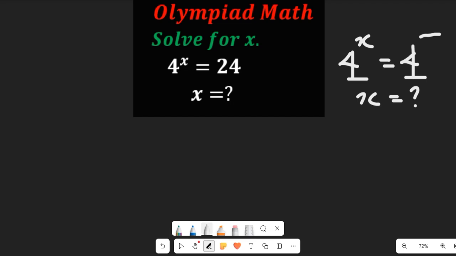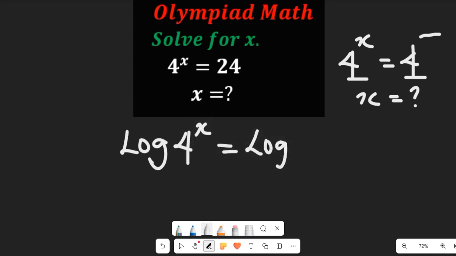The right way to solve this is either to use the laws of natural logarithm or the laws of logarithm. Now let's try out using the laws of logarithm. Now this is going to give us the log of 4 to the power of x equal to the log of 24. So what do we do?